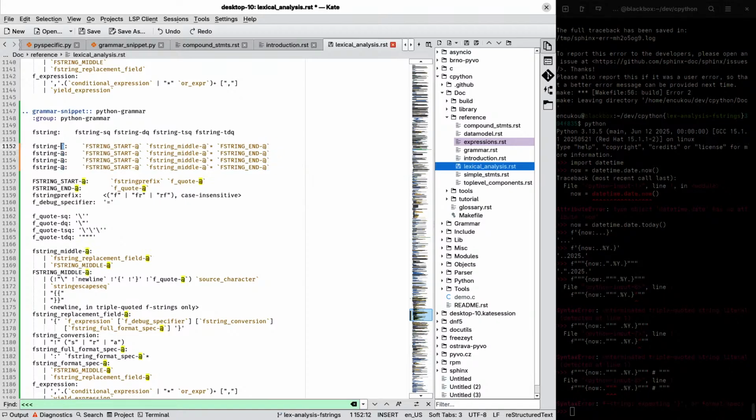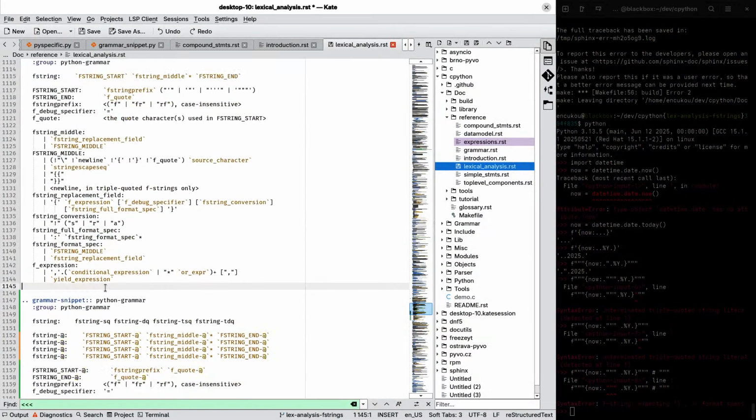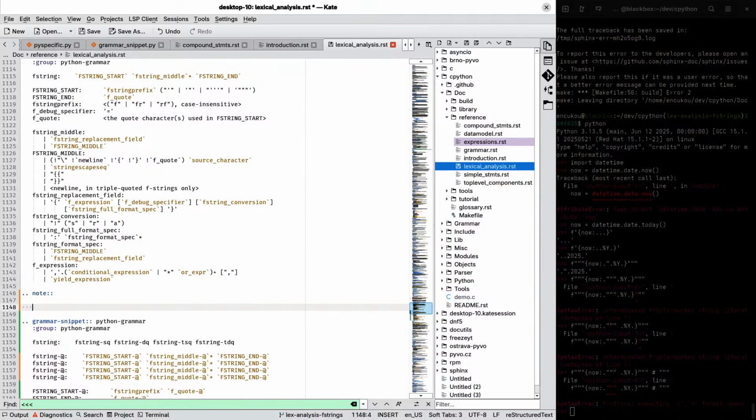But maybe there's some wording we could use, like for a note. If quote rule in the above grammar is cheating.